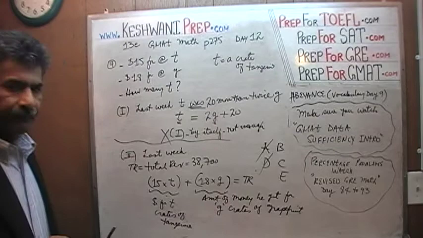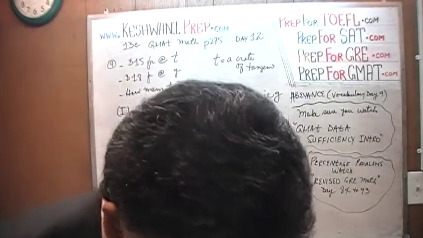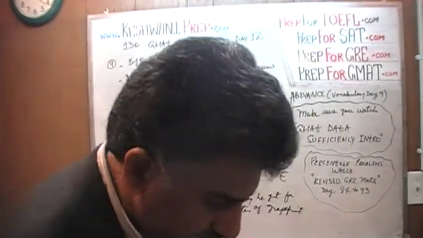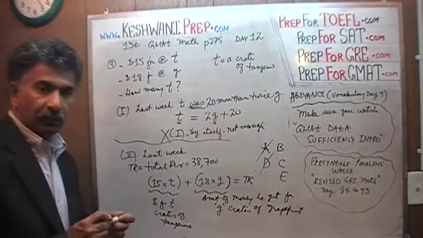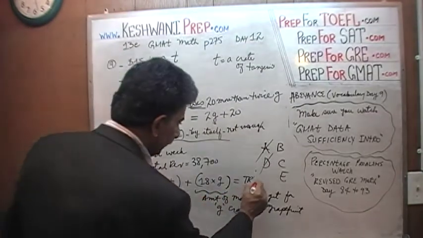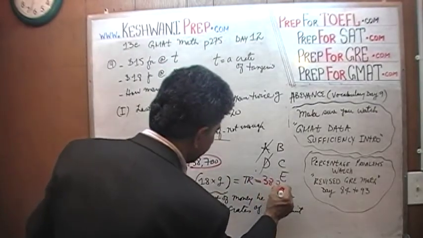That is an equation. It's a very nice equation, but just like the first statement, the problem here is that it's got 2 unknowns, and we cannot figure out the value of 2 unknowns from one equation. This we know equals 38,700. So 38,700 goes here.